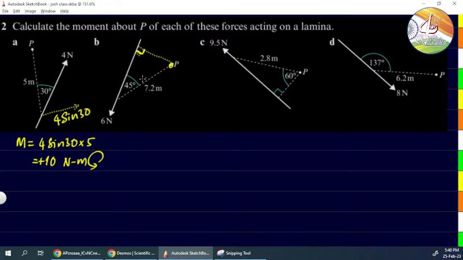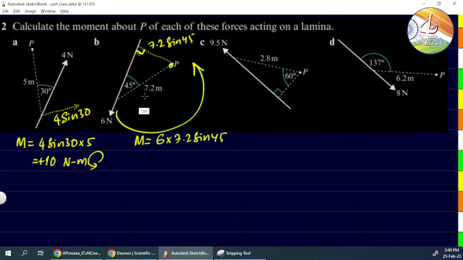So this is a triangle, this length, this angle is 45 degrees. So this is opposite, so opposite will be 7.2 sine 45. So moment here will be 6 into 7.2 sine 45, and this will be in anti-clockwise direction. So again it is positive.